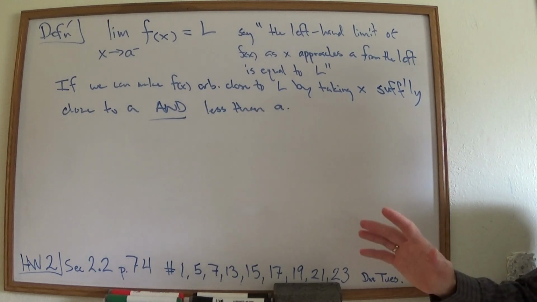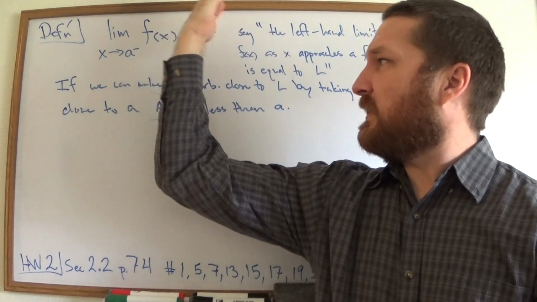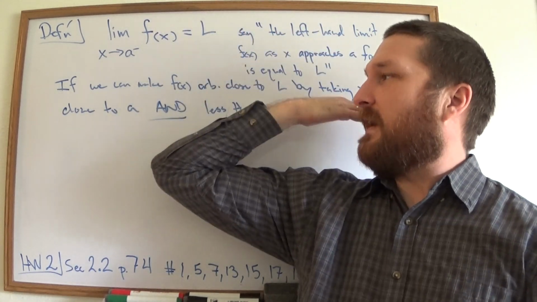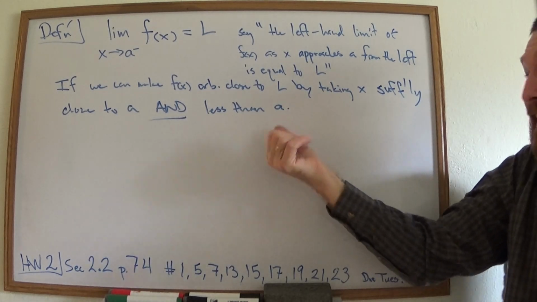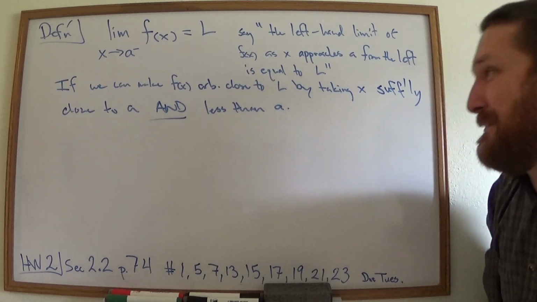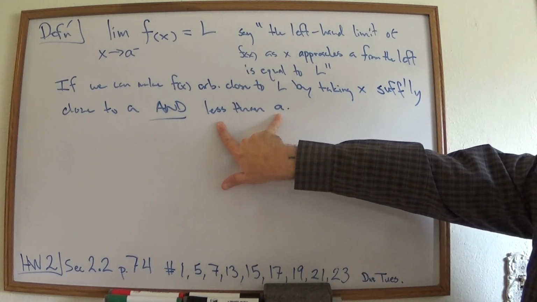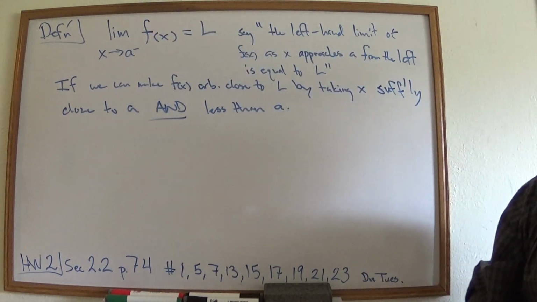We don't want that. Remember the motivation for all of this is we want a tangent line, but we don't want to divide by 0. So what do we do? Well, we'll just say that you can't do that. And if you don't do that, then we don't need to worry about this whole dividing by 0 thing. That's the motivation for this part here, right? You can't just plug in an a, okay?